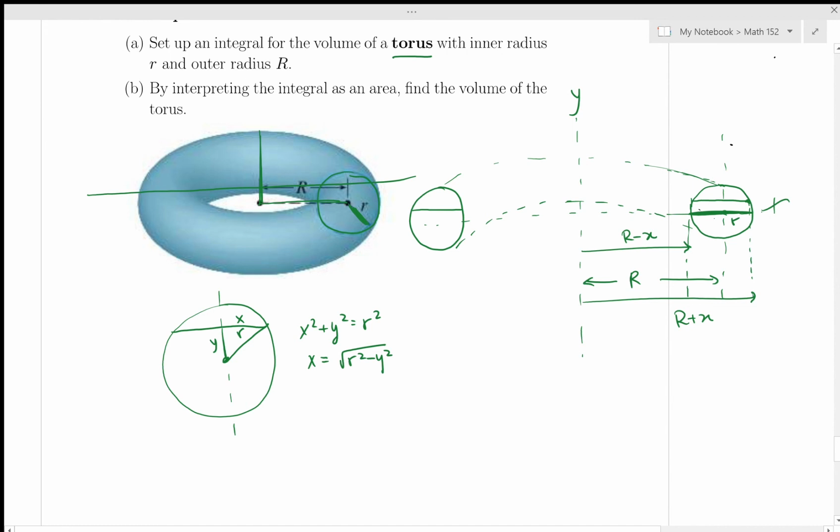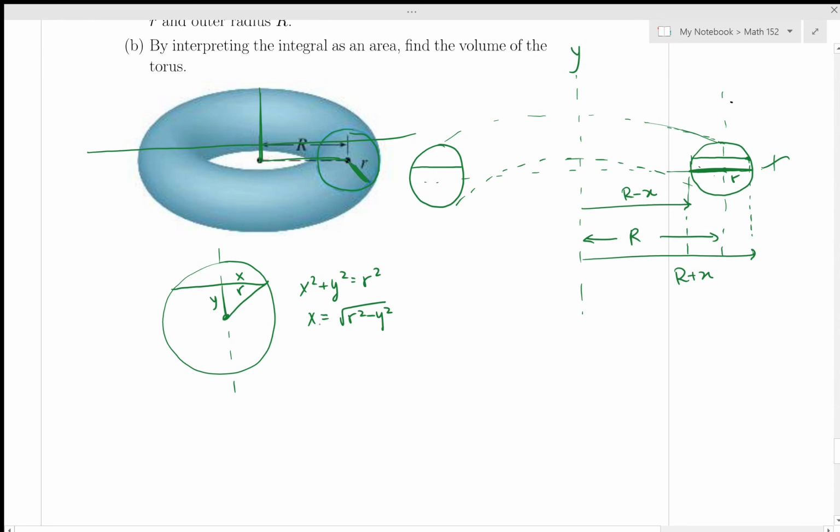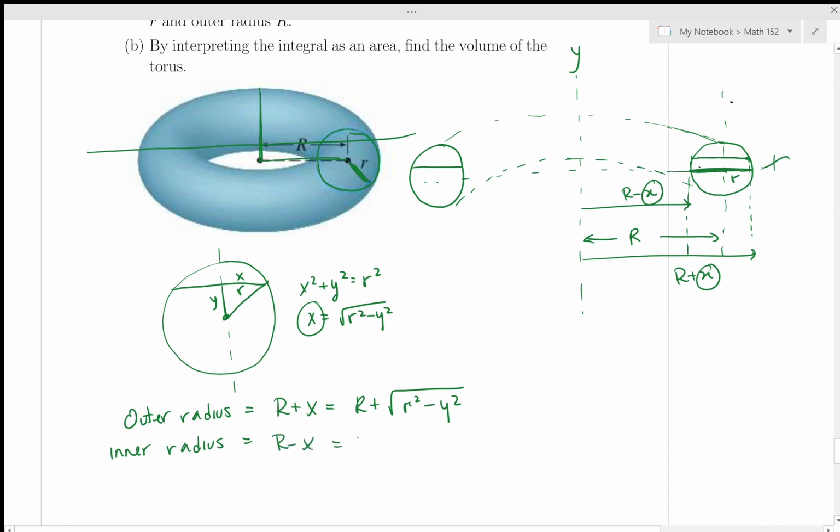Okay, so that means we can establish our outer and inner radius. I've calculated this value x, that is this value x. So my outer radius is R plus x, and that is R plus the square root of r squared minus y squared, and the inner radius is R minus x, and that is R minus the square root of r squared minus y squared.